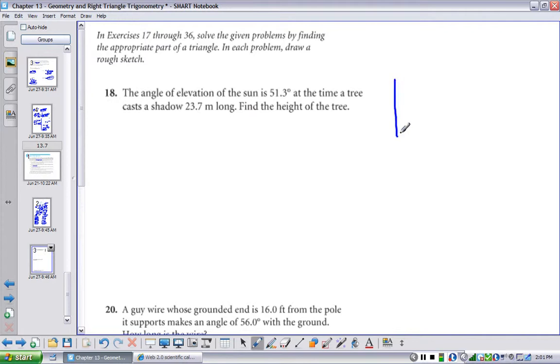So we have a tree. It casts a shadow, 23.7. The angle of elevation here is 51.3. They want us to find the height of the tree.